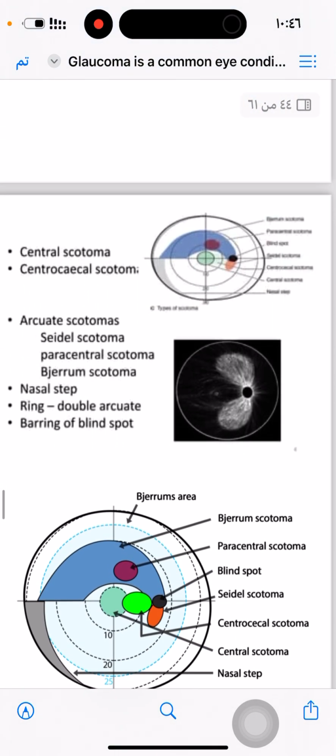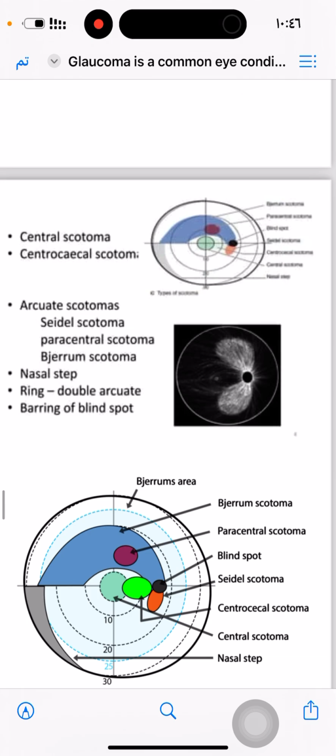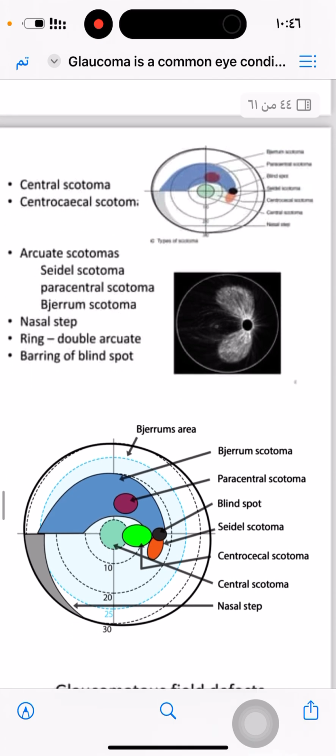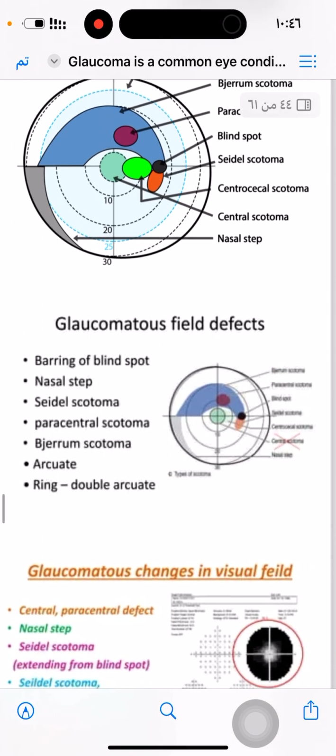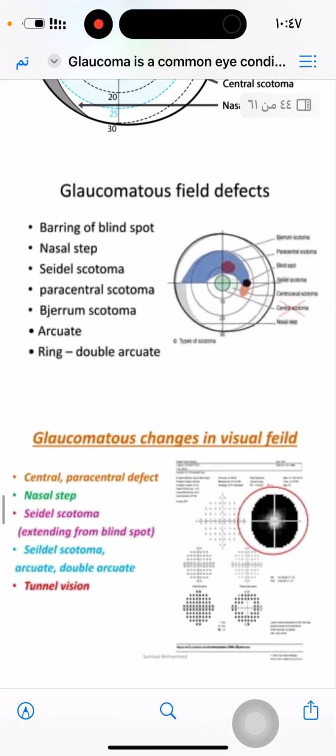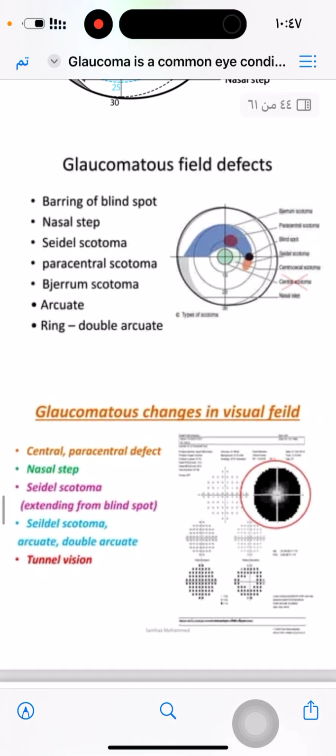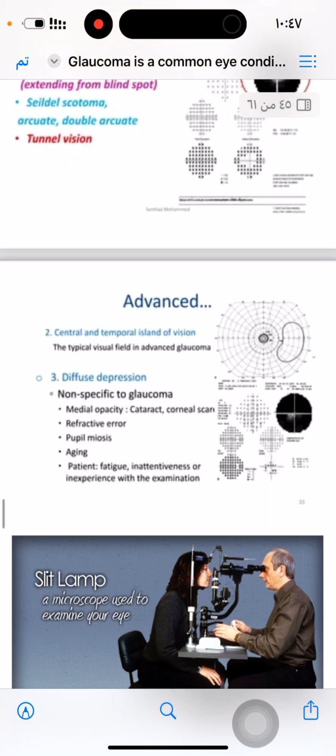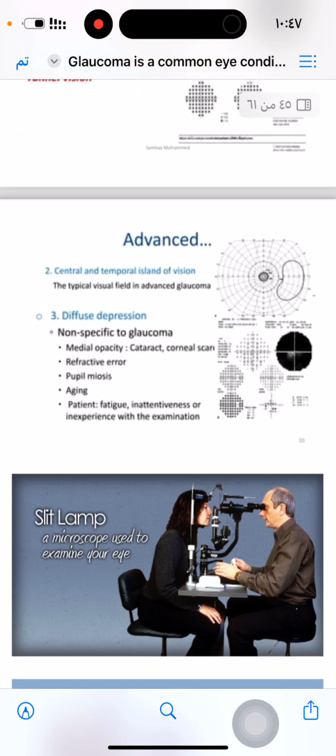At first you have a central scotoma. Arcuate shape for early, but scotoma for late. These are some features. But if it is complete darkness, this is named advanced.